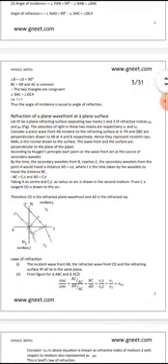Next is refraction of a plane wavefront at a plane surface. If there is a plane surface, how does it refract? We take XY as the plane refracting surface, and AB is the incident wavefront at the refracting surface at A. Let us draw PA and QBC.